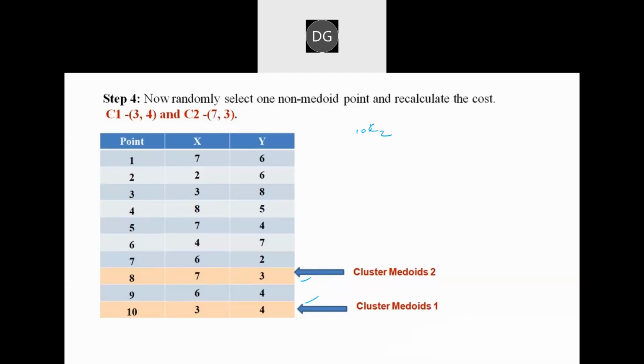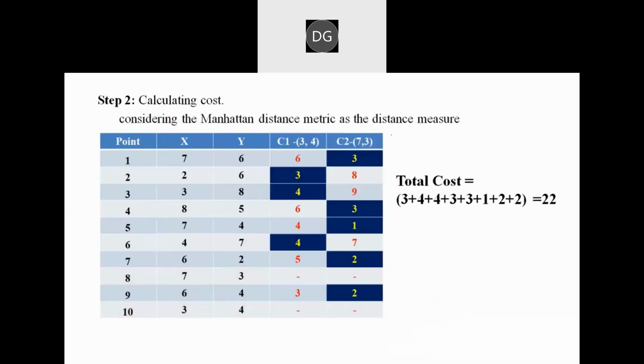Then what will we do? In this example, I am not going to take all the combinations. So another combination, 8 and 10, I have taken, and I have to do the same process for those two values. This time I'm getting the distance as 3 plus 3 plus 4 plus 3 plus 1 plus 4 plus 2.